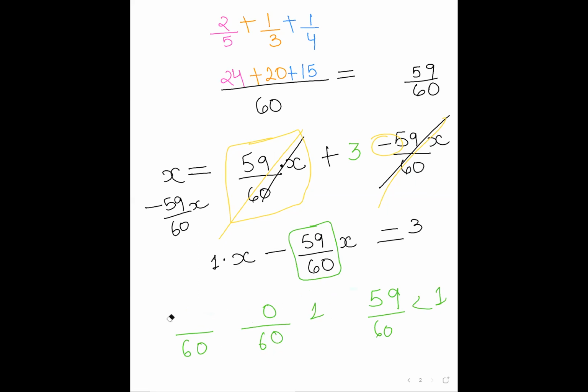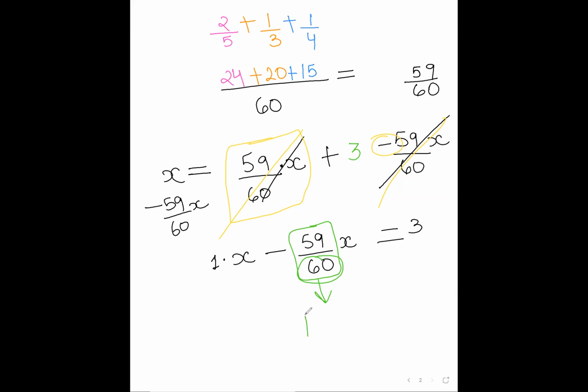Anyway, what I'm thinking over here is that we are talking about a fraction whose denominator is 60. Basically, I have divided whatever the coefficient is. Since it's a proper fraction, the numerator is smaller than the denominator.